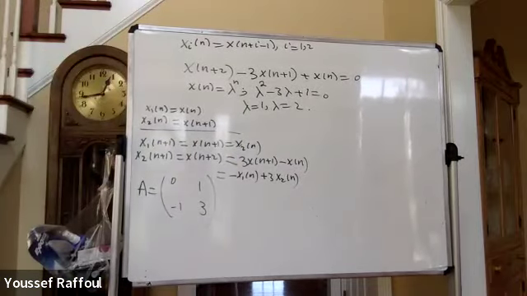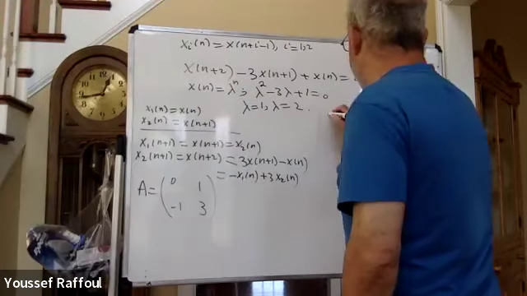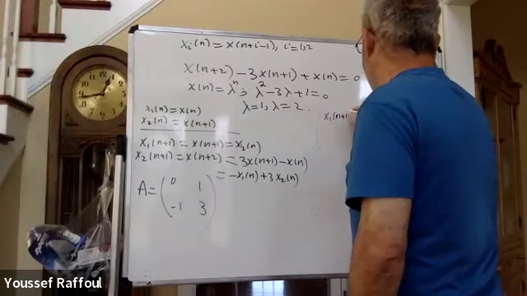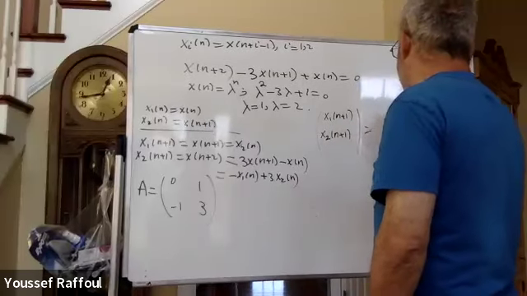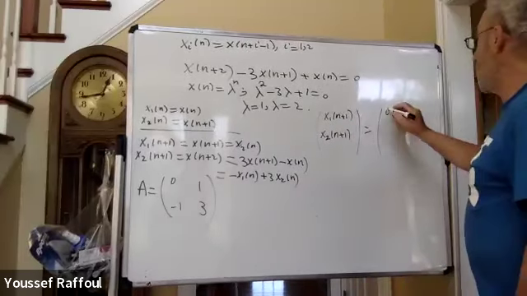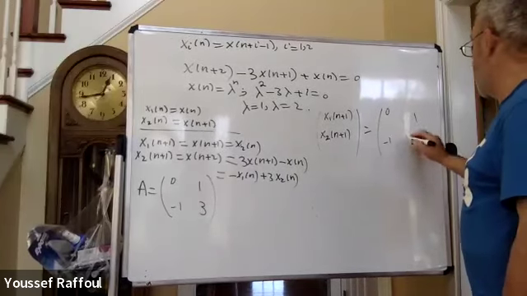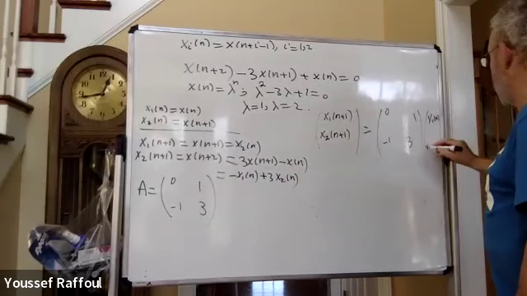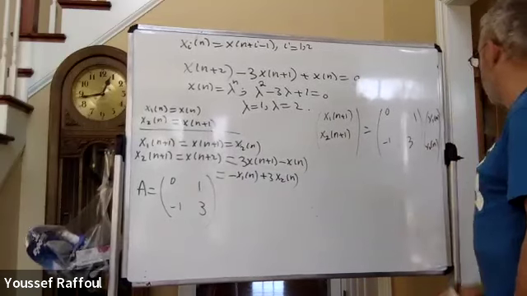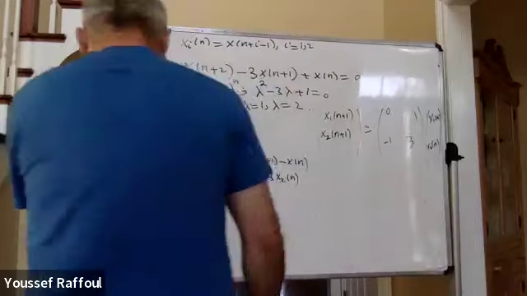Okay? So in terms of system, you can write this as x1 of n plus 1, x2 of n plus 1 equals 0, 1, minus 1, 3, times x1 of n, x2 of n. Okay?